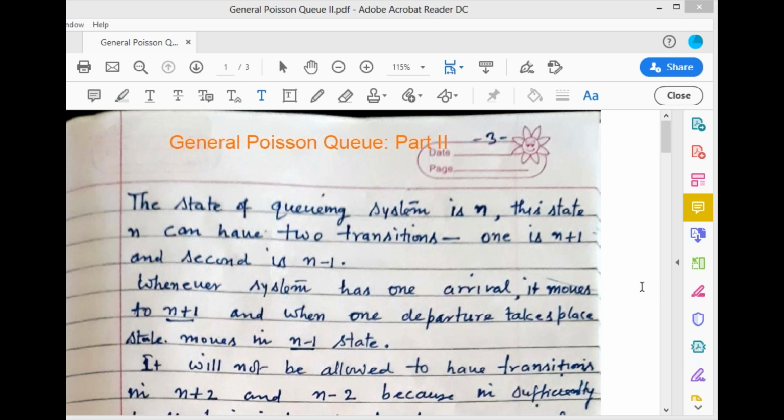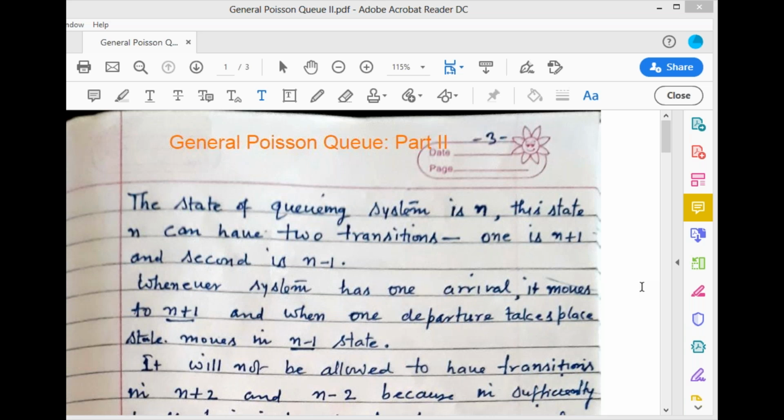The main purpose of studying the general Poisson queue is that we are going to have the closed form, the simplest form expression for the probability of n customers in the system.